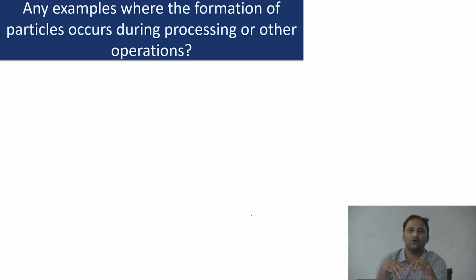So far, we looked at milk and paint and stuff like that, right? Milk and blood are naturally occurring, so there are particles inherently in the fluid. And paint is a formulation wherein there are particles, you put these particles into a fluid and you make a formulation to get a paint of whatever desired quality, right? Now these are examples where the particles are already either there or they're dispersed externally. You take them from some source and put them into this fluid.